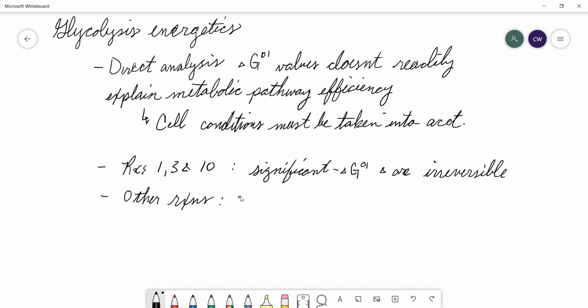All the other reactions, specifically 2, and then 4 through 9, their change in the Gibbs free energy is on the order of 0. What does that mean? That means those reactions are close to equilibrium.